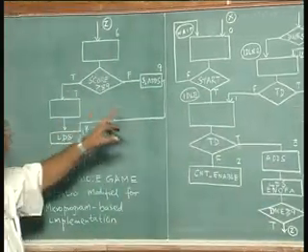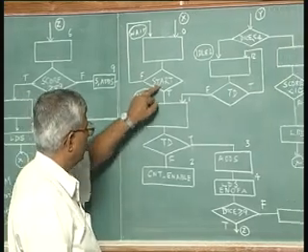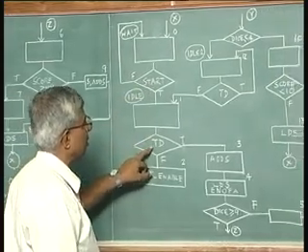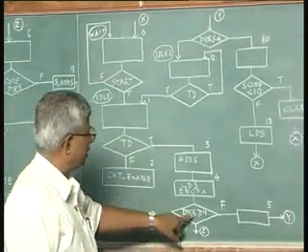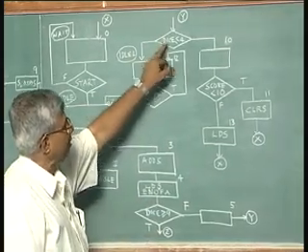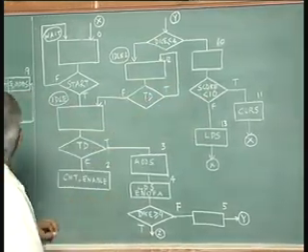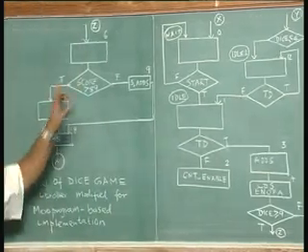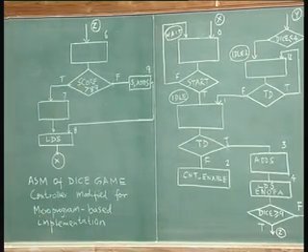The qualifiers are start, TD, throw dice, dice greater than or equal to 9, dice less than or equal to 9, score less than 10, score less than 89. These are the qualifiers.